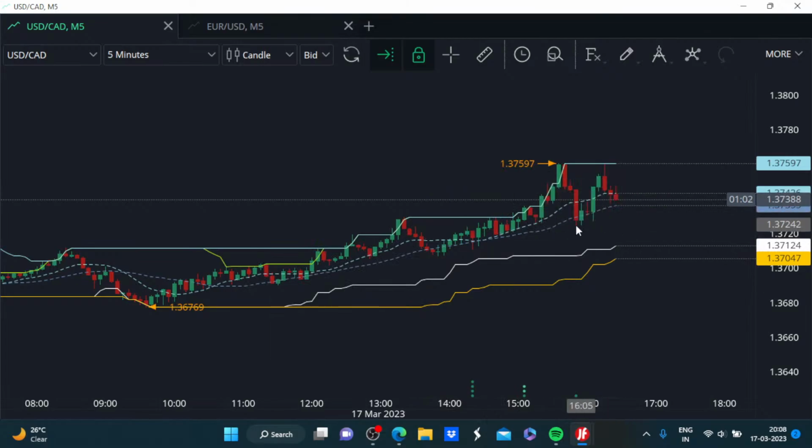If it holds closer to these levels around and above 1.372, then we can be fairly confident of the possibility of USD CAD again stabilizing and trying to rise and make a fresh swing high. So that possibility is there.